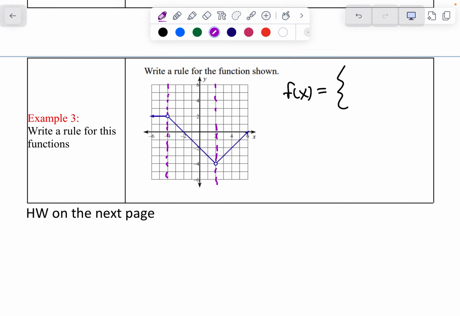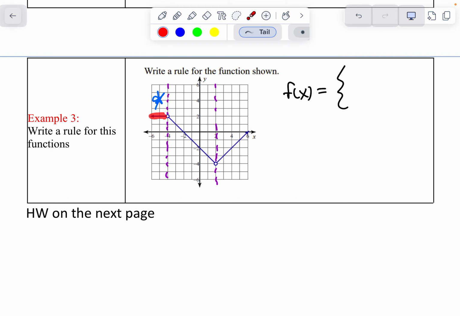Okay. Now, for this piece right here, do you remember how to make a horizontal line, what the equation is for a horizontal line? No, not f of x equals a number. Yeah, so we'll get a sloping line for some version of f of x equals x.